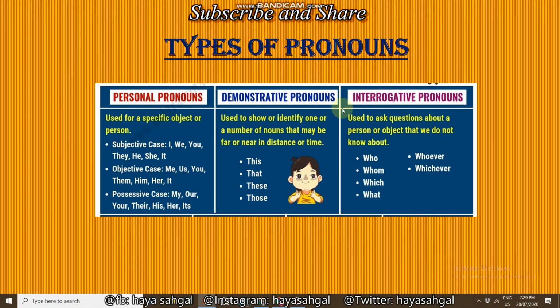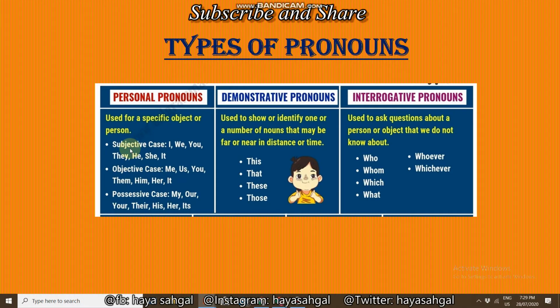To understand pronouns better in depth, we must know about their types. So the proper types of pronouns are personal pronouns, demonstrative pronouns, and interrogative pronouns. Under personal pronouns, we have subjective, objective, and possessive pronouns.